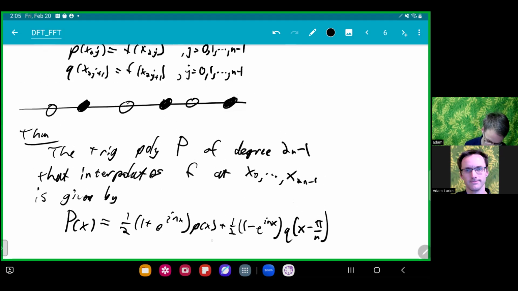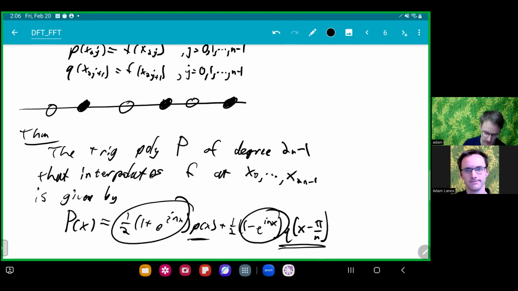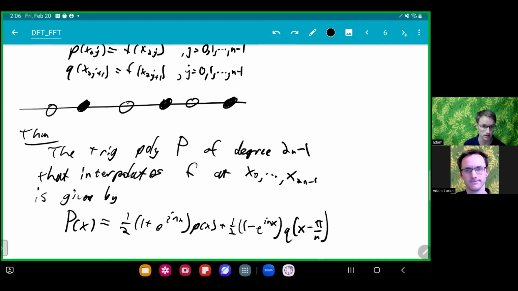So that means if we can find these other polynomials, then by just a few multiplications, we can reconstruct the larger polynomial. And this is great news, because it costs number of points squared to compute p of x. If we have half the number of points, because we're just doing the even points, that will only cost n over 2 quantity squared, which is the same thing as n squared over 4.